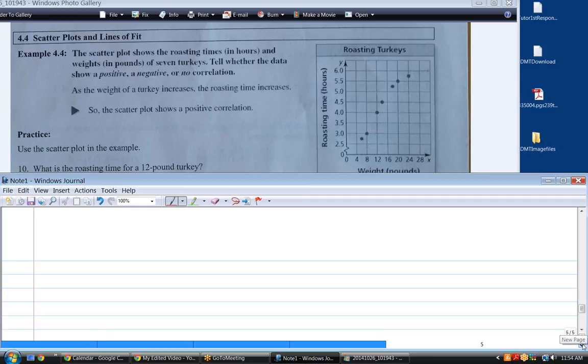We need to focus on the previous 10 questions and repeat that. But roughly, if you have a series of points like they do in this graph, it's a positive correlation. Well, that looks an awful lot like a straight line. Not quite, but I could draw a straight line through it pretty easily.